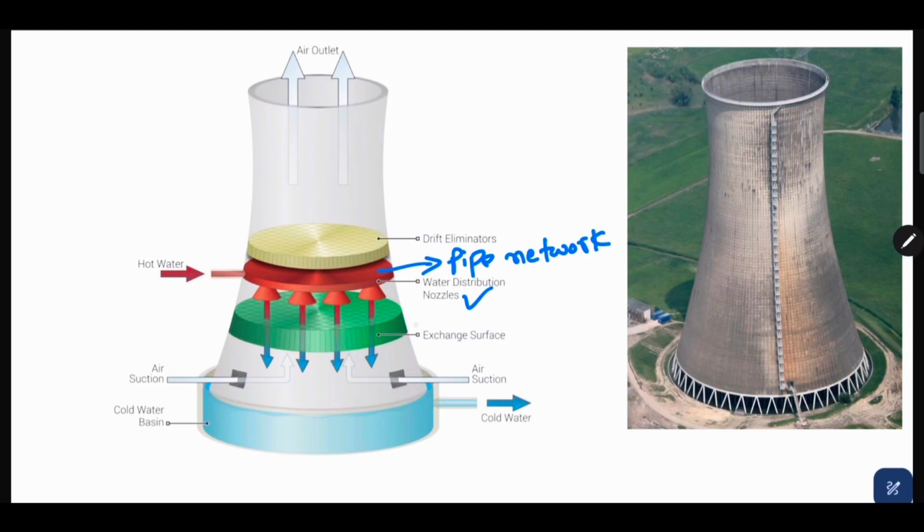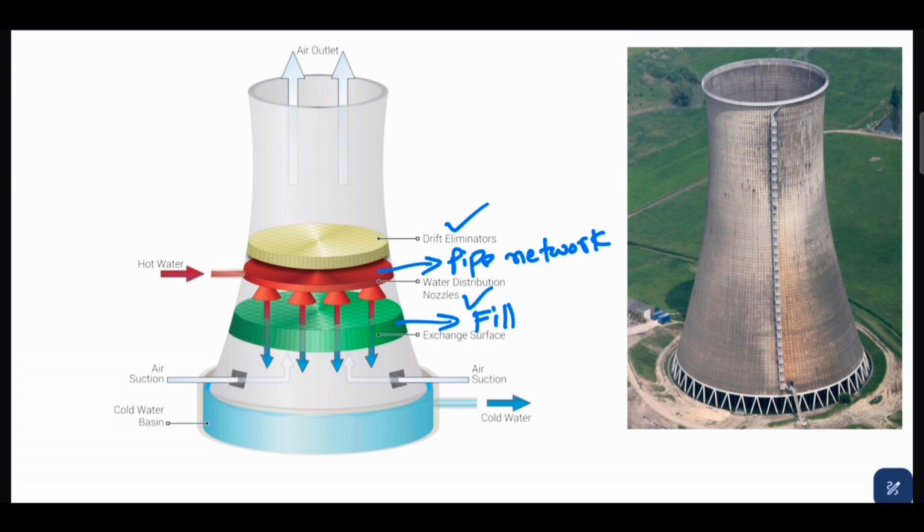Next, this portion highlighted in green, we call film material. Film material is generally a kind of mesh material made of plastic, and on the top we have drift eliminators.